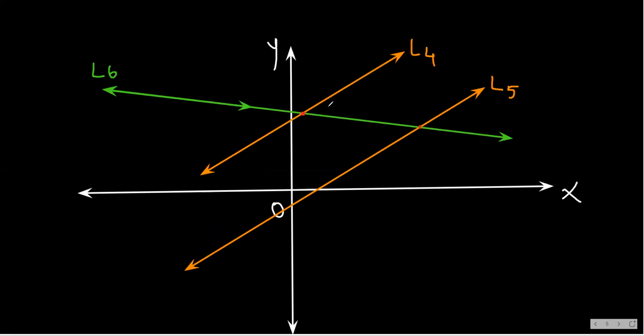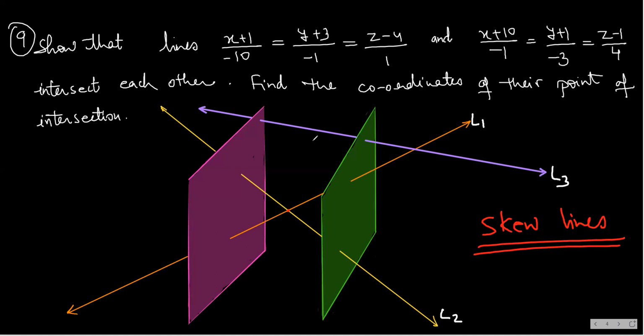In 2D, if two lines are not parallel, they will definitely intersect because they are all in one plane. You cannot have a line over the other line, but here you can definitely have one line over another line. See, L3 is over L1. I hope you followed what I just said.